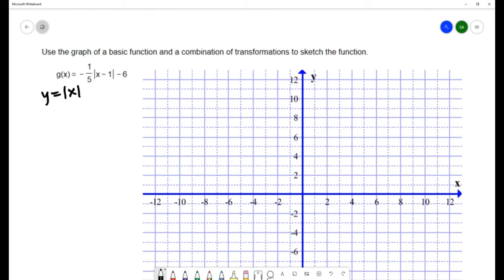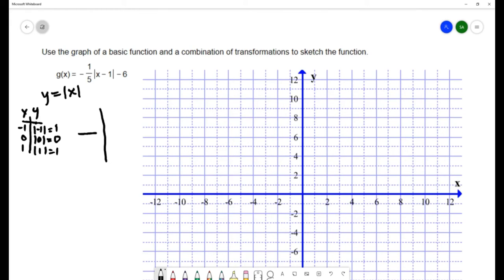We can sketch the graph of this with a few ordered pairs, negative 1, 0, and 1. Absolute value of negative 1 is 1. Absolute value of 0 is 0. And absolute value of 1 is 1.